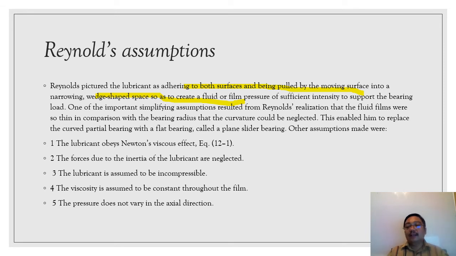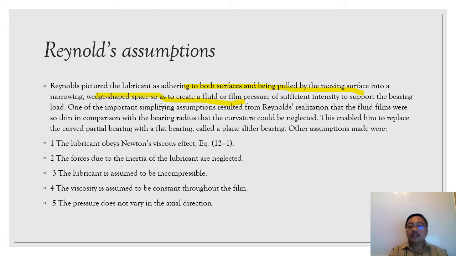In reality, when you compress water, you compress lubricant, it can become shortened, so there is deformation of anything. Okay, of course it can be deformed, but we assume it's incompressible.